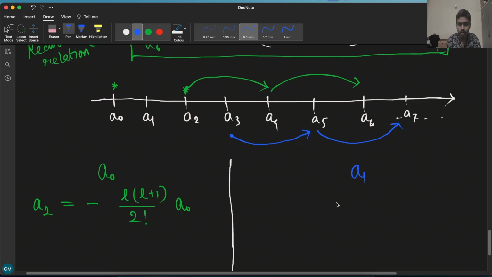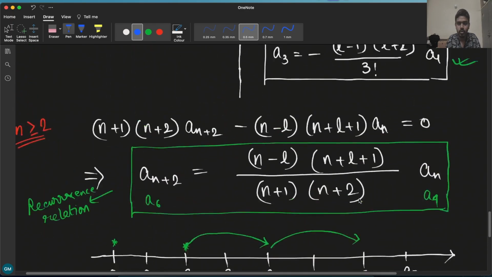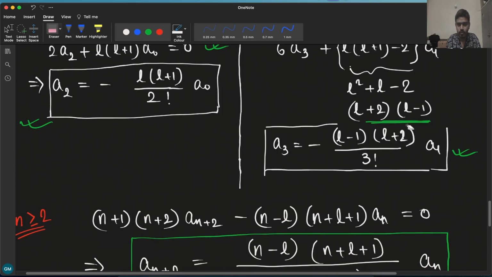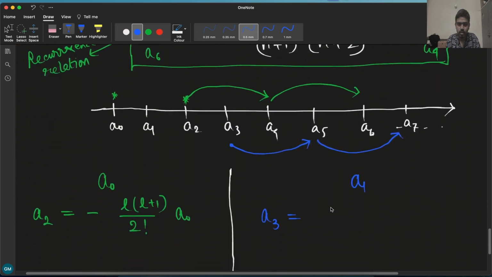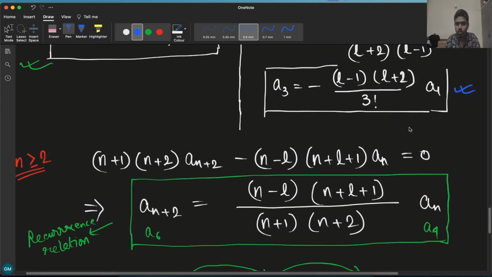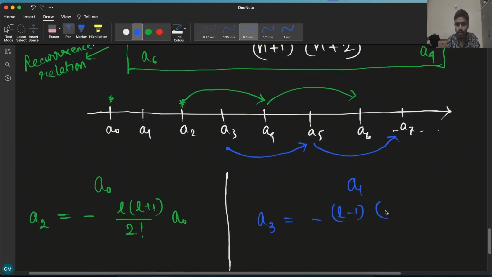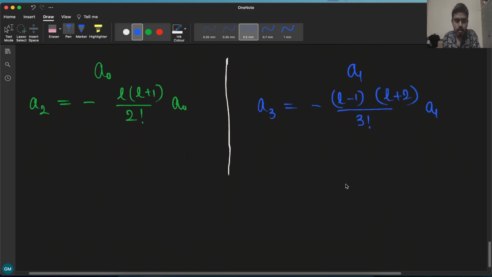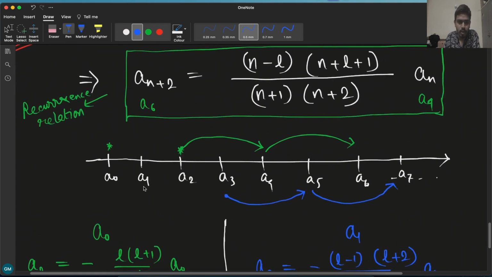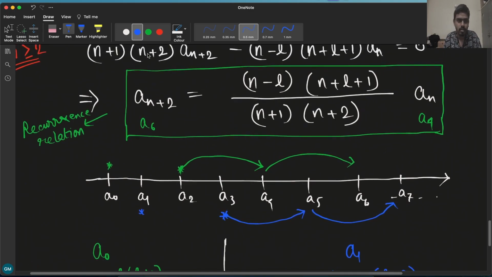So if I start from a1, then a3 is given by this equation, which is minus L minus 1 times L plus 2 divided by 3 factorial times a1. So basically I know a1. If I start from a1, I know a3, and then the other terms are taken care of by this recurrence relation.